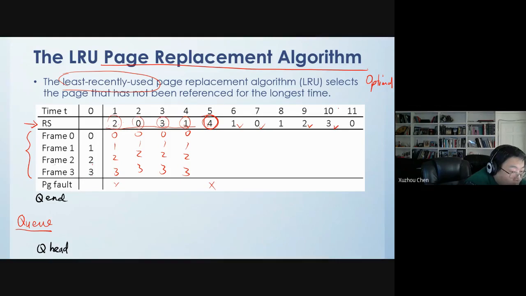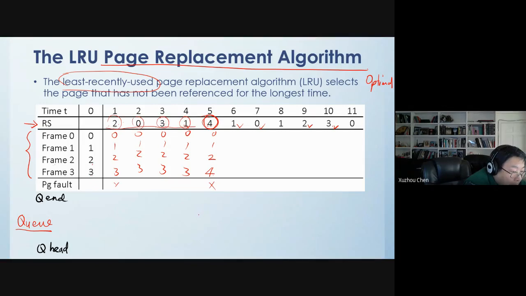So in that case, with the optimal page replacement algorithm, we're going to replace 3. Okay, so 4 will be placed here, and 0, 1, 2 are still going to be kept.